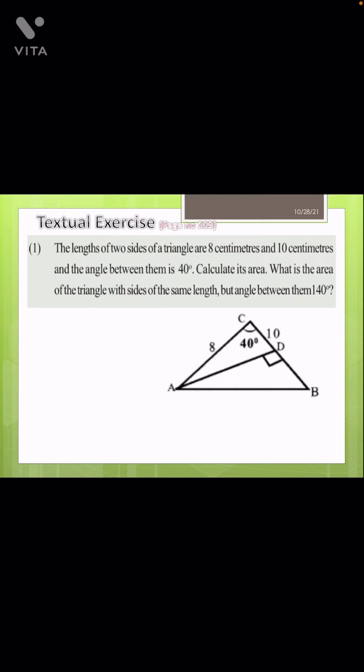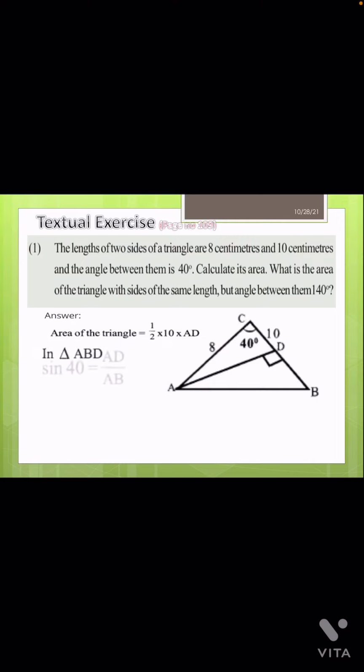Consider the figure. Area of the triangle is half into 10 into AD. Consider the triangle ABD. What is the sine value here? It is sine 40, which is AD by AB. Or we can write AD is equal to AB into sine 40. What is the value for sine 40?